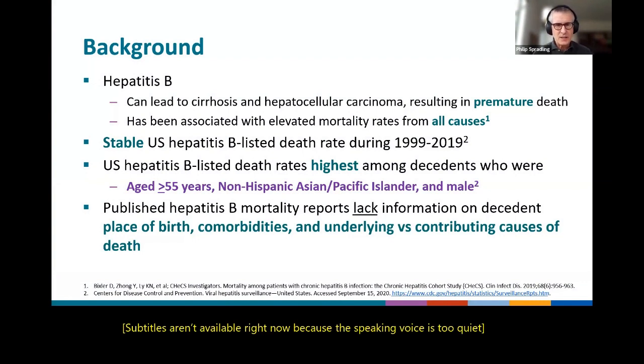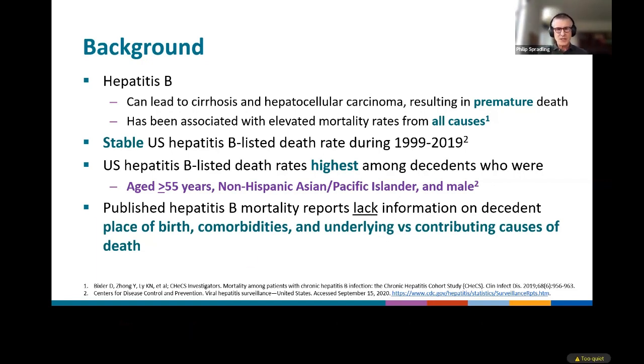And looking at death rates over the preceding 2 decades, at least according to US surveillance reports, the hepatitis B listed death rate has been pretty stable. It went down slightly, but it remains about 3 times higher than the 2030 target for hepatitis B death rates.